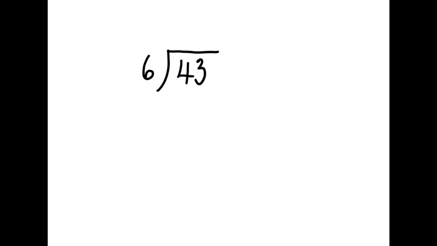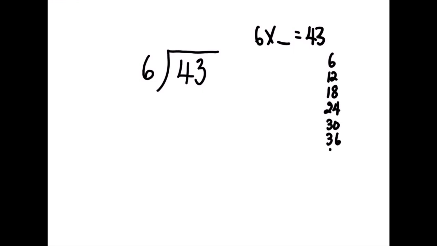All right, so here we have 43 divided by 6. So what is our first step? We need to figure out 6 times what number is closest to 43, right? So we can go down the 6 times tables. 6, 12, 18, 24, 30, 36, 42, 48, and we're over.